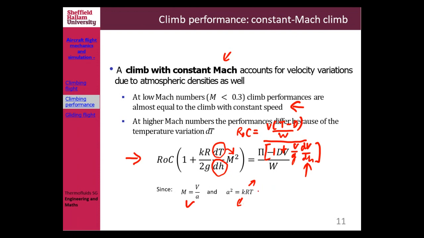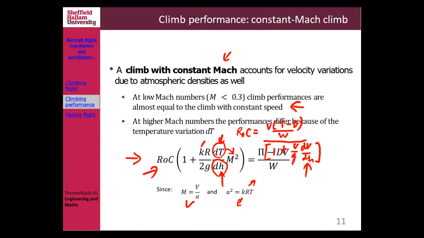If you remember from thermodynamics, R is the gas constant for air, about 287, I don't remember the unit, something like joule per kilogram per Kelvin. So if you use these equations in the one that we already derived before, you will get this equation over there, which shows the rate of climb is affected by the Mach number and the change of temperature due to the change of altitude.